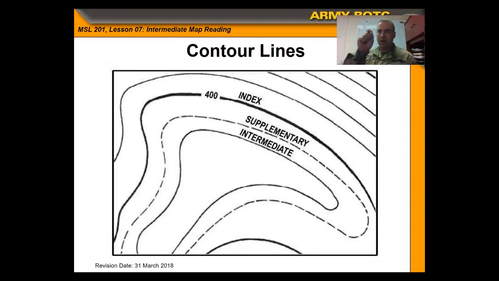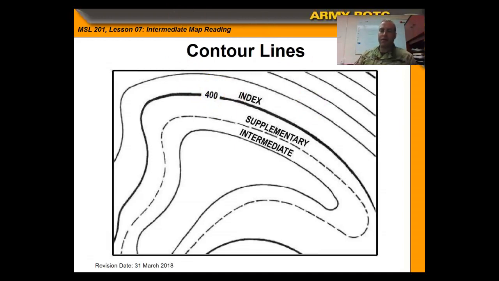So if you follow the contour line all around the map, wherever it goes, this line is always going to be the same elevation wherever that line goes until it ends or until it circles back on itself. The elevation represented by contour lines is the vertical distance above or below sea level. So for example, this one is 400 meters above sea level.